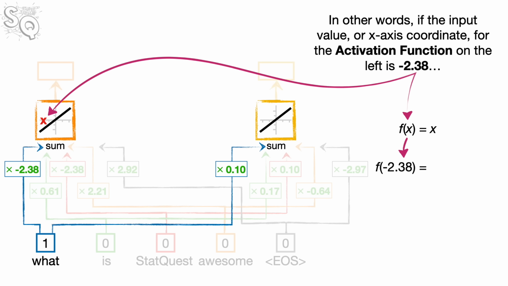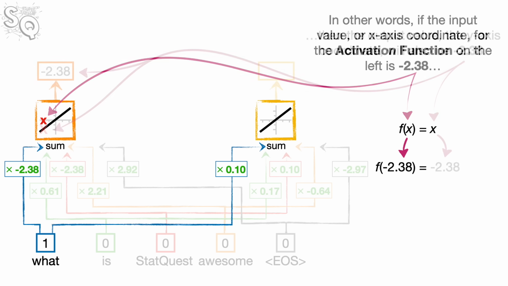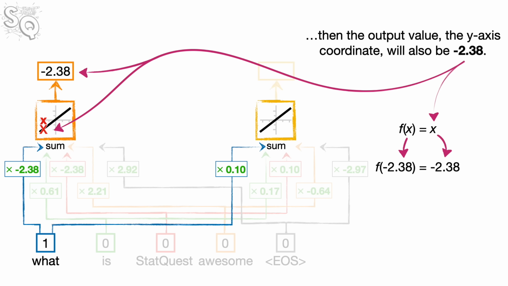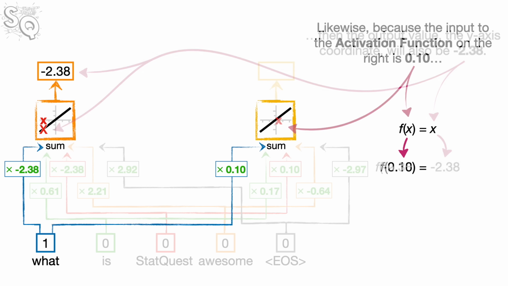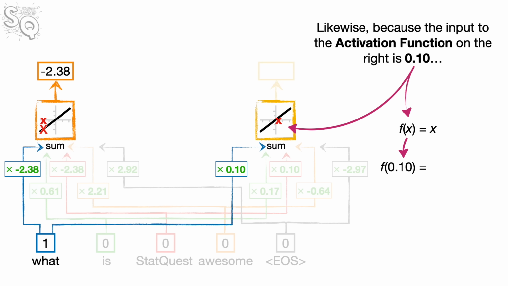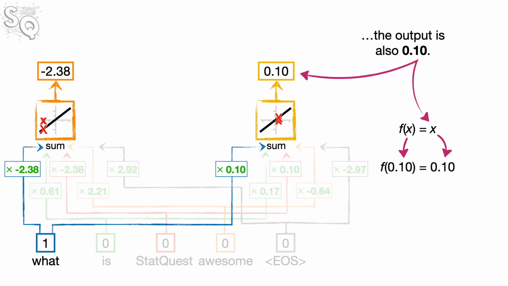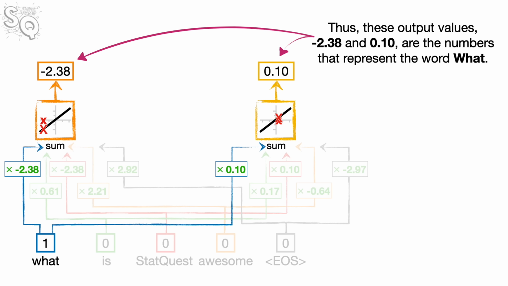In other words, if the input value, or x-axis coordinate, for the activation function on the left is negative 2.38, then the output value, the y-axis coordinate, will also be negative 2.38. Likewise, because the input to the activation function on the right is 0.10, the output is also 0.10. Thus, these output values, -2.38 and 0.10, are the numbers that represent the word "what."